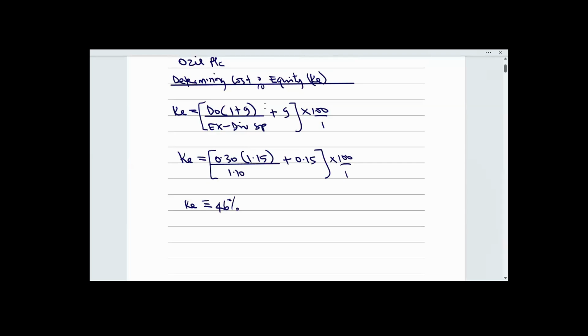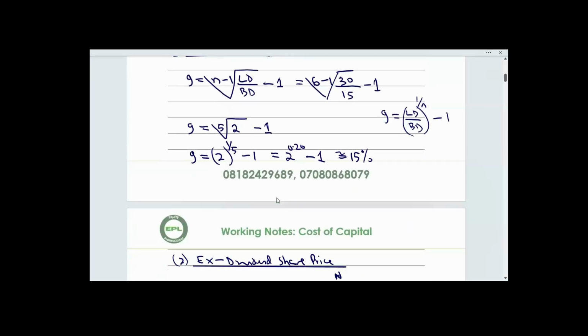Yes, Charity, go ahead. Good evening, sir. Good evening. Sir, I did not get my growth rate though. Your growth rate, you did not get 15%? Yes. Like I'm doing 5 square root 2 minus 1, it's not showing me the same thing on my calculator. Hold on, you did 5 square root.